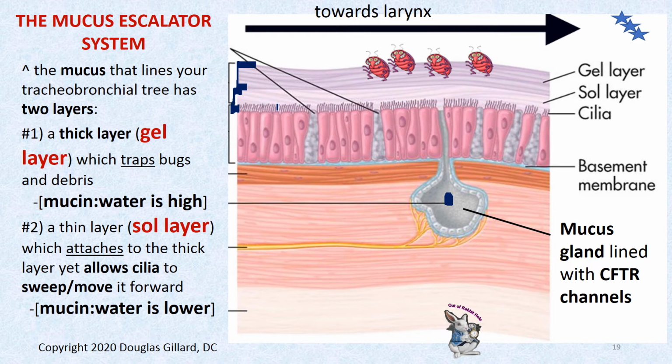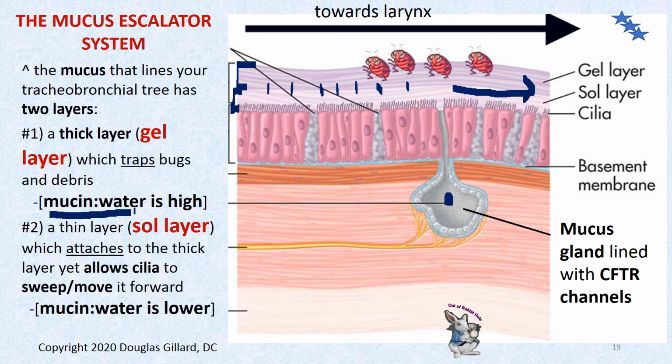Therefore, it's still thick enough to attach to this thick gel layer, so they're stuck together. But it's thin enough that the cilia can still rhythmically sweep this whole mess out of the tracheobronchial tree and into the larynx. And then you have the choice of coughing it up easily, spitting it out, or swallowing it, right? This is new this quarter, so make sure you know this mucin to water ratio is in the gel layer.